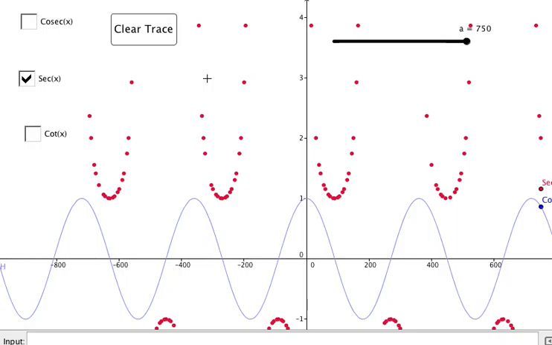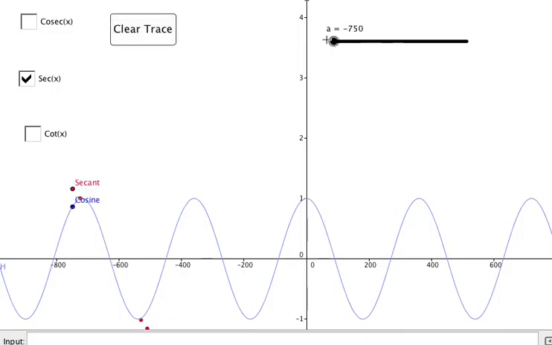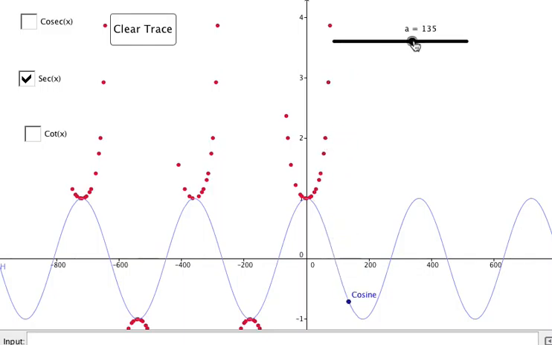So here is our cosine graph. Our secant is going to be doing the opposite. So our secant is going to again be doing the flip version of our cosine graph, and it's going to just keep repeating.